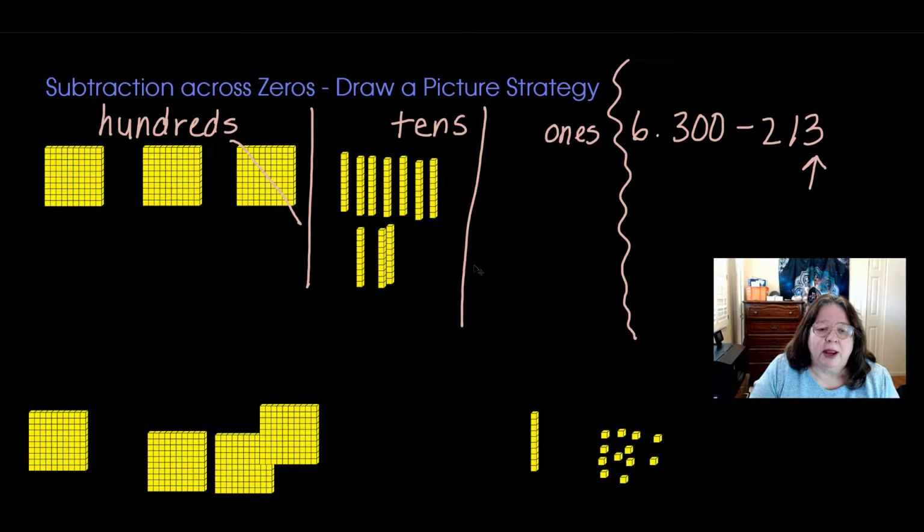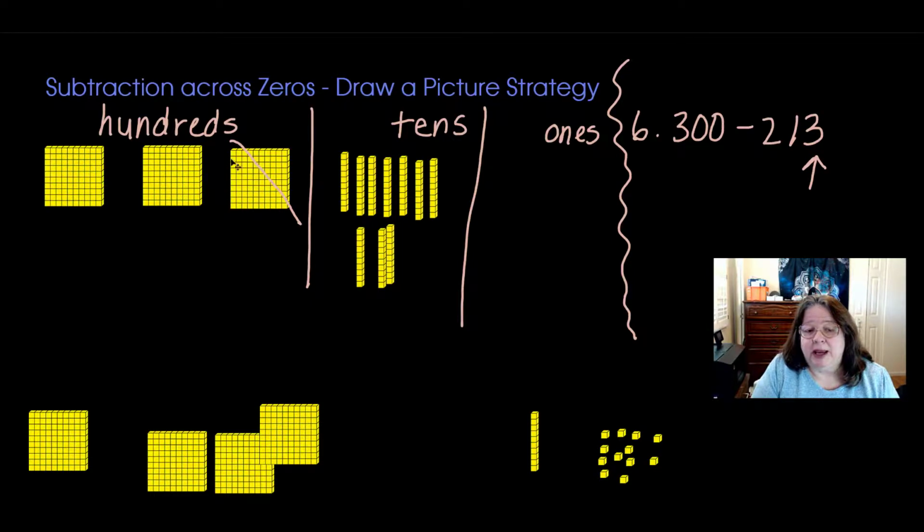This is like my bank. I'm trading it. So this one's going to go back, and I'm going to leave it here to show that it's crossed out. Okay, so do I still have 300? Well, I've got 100, 200, 10, 20, 30, 40, 50, 60, 70, 80, 90, 300. I still have this 300. I just have it regrouped in different ways.